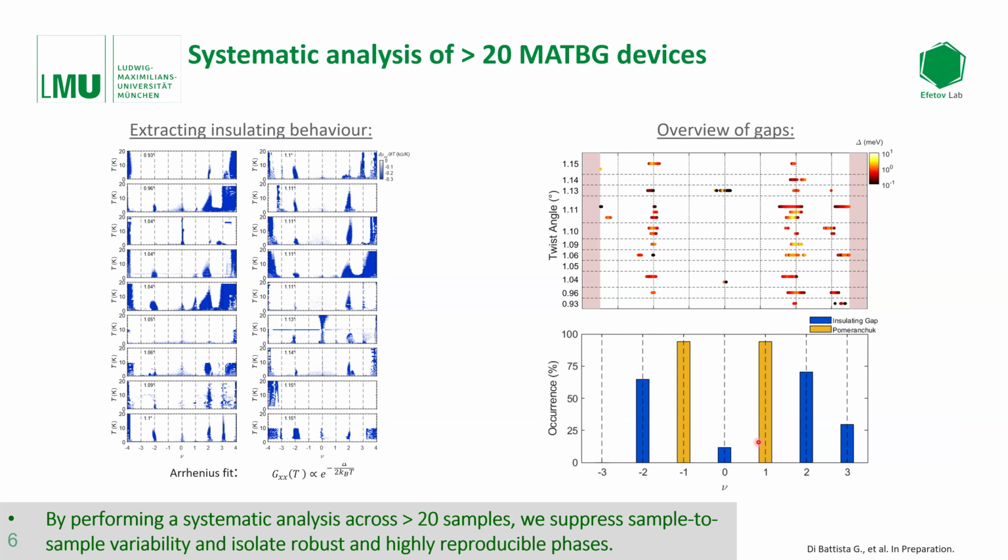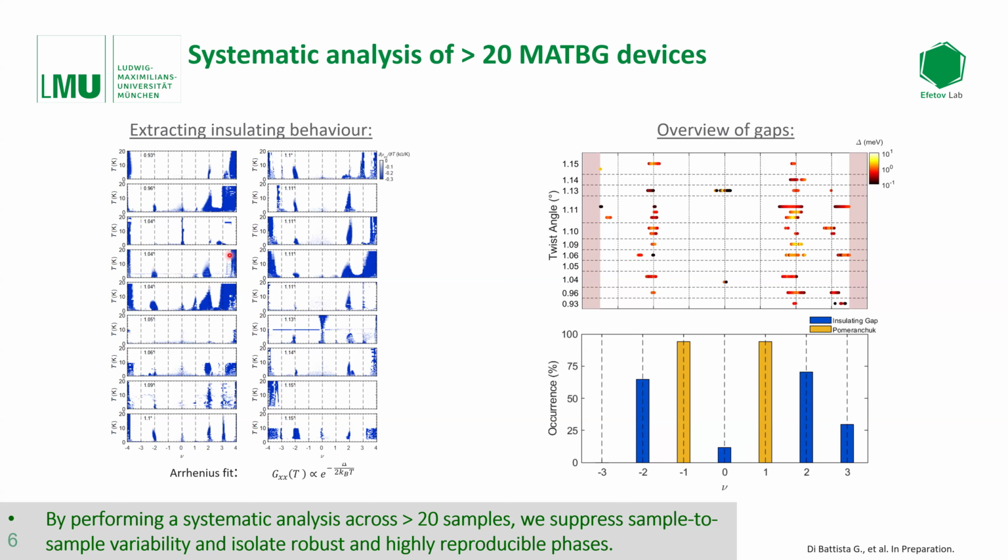As I said, there is quite a bit of variation between all the different phases, but we thought it's worthwhile to analyze them and build a statistical phase diagram out of all the different devices which we have already fabricated, to convince ourselves what the most robust, most recurring phases are.